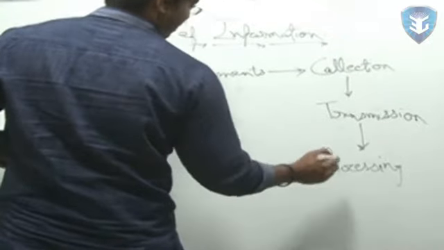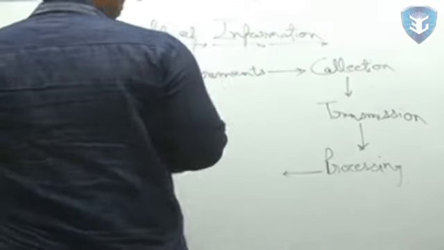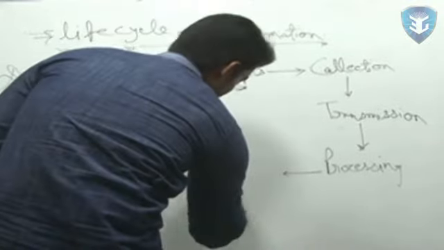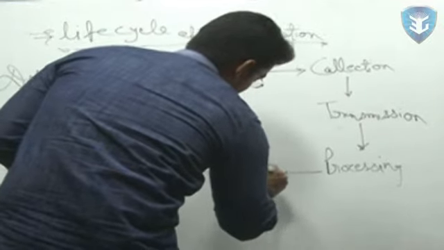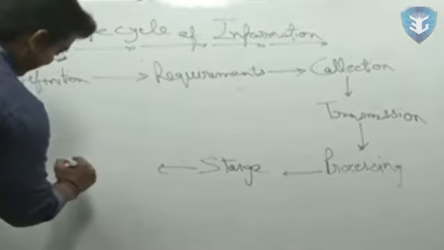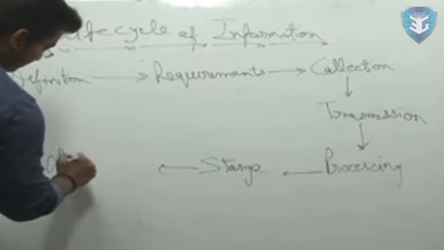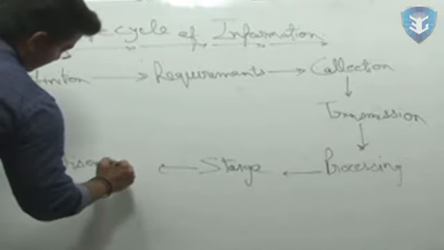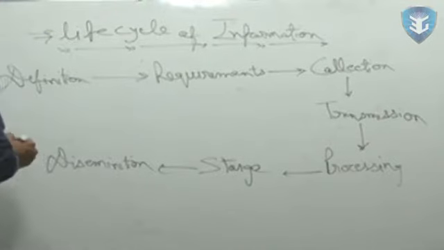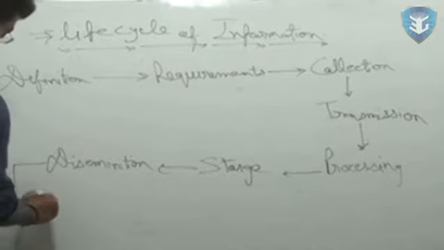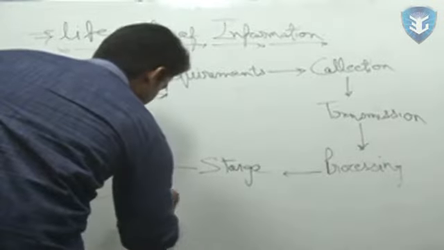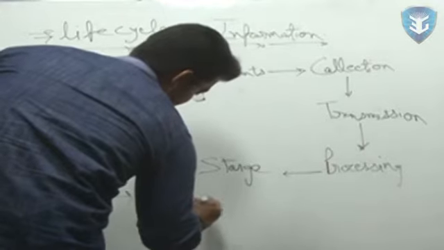The processing is actually maneuvering the information in a user understandable form, and after that the information is stored, then dissemination, and when it gets obsolete after use, the information is disposed.